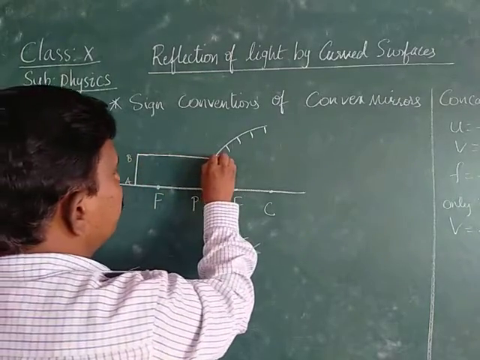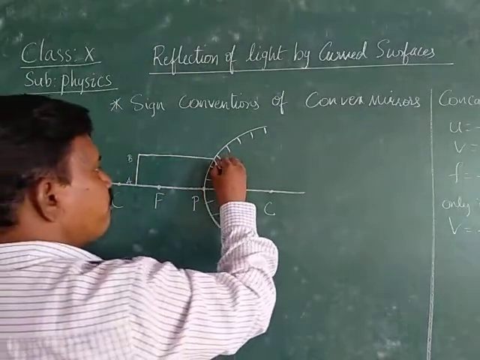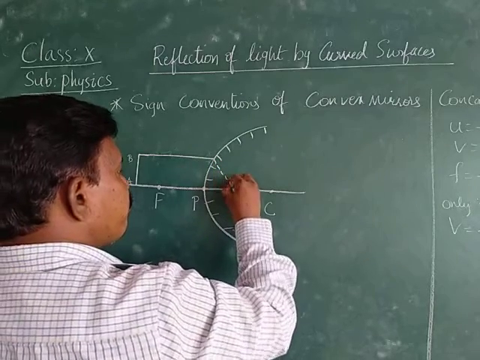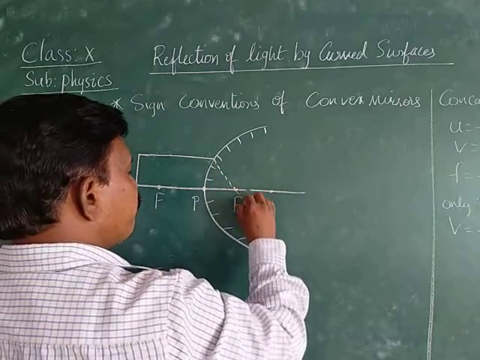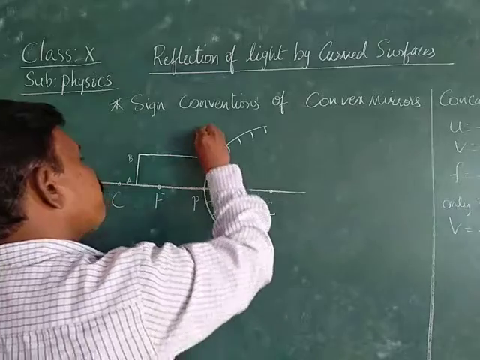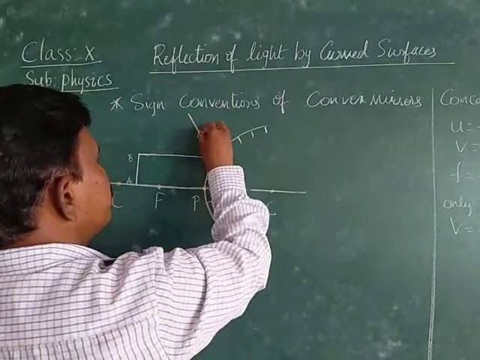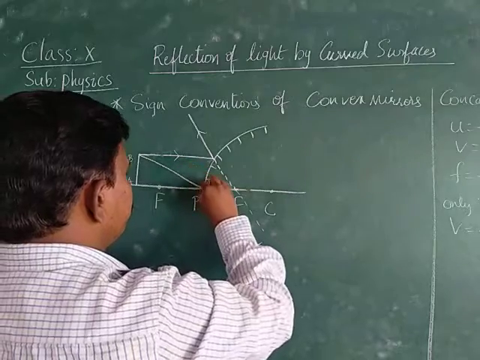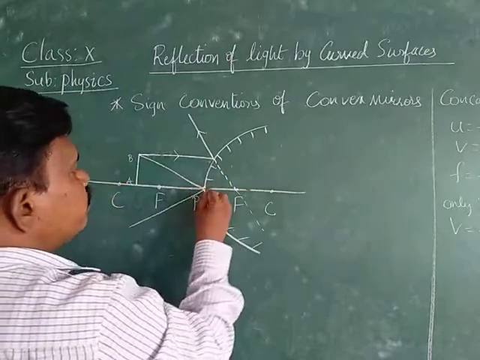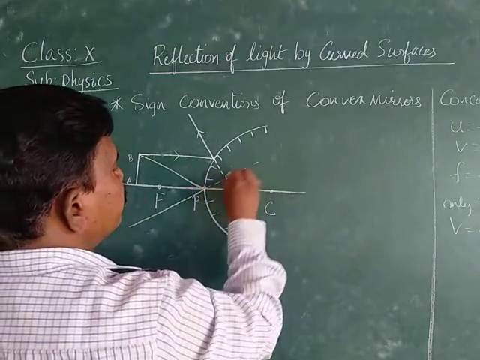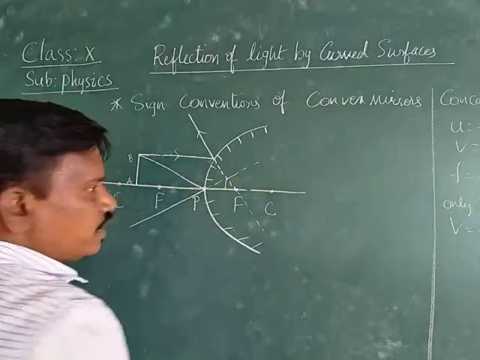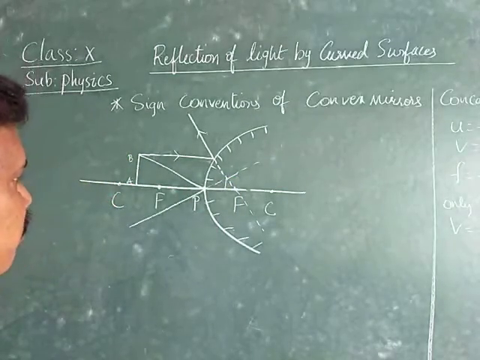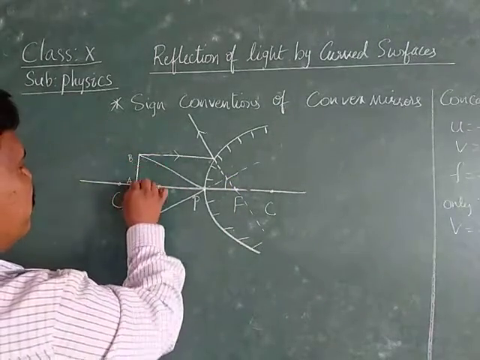A light ray travels parallel, and it appears to pass through the focal point. We know that the image is formed between P and F. Now, where is the incident light?